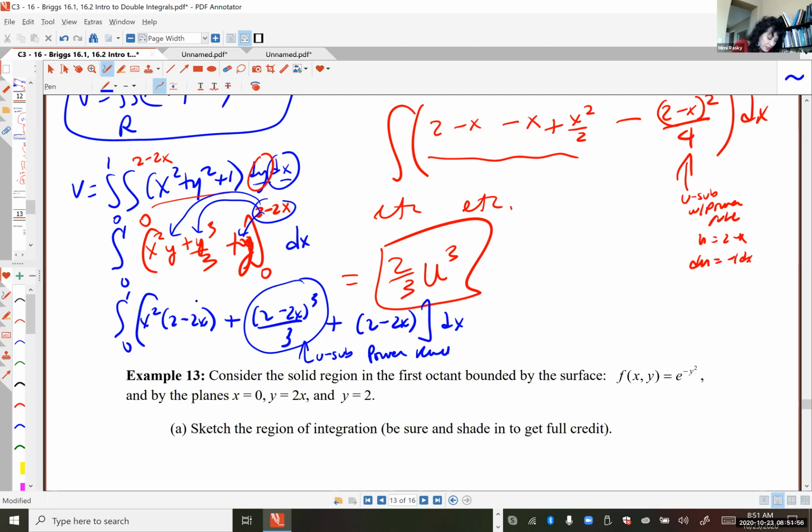So I'm going to distribute this x squared over here and then add it to the 2 minus 2x over here. And so those end up being, after I've collected like terms, 2x squared minus 2x cubed plus 2 minus 2x. And then I have that other term that I don't feel like doing all the work for.